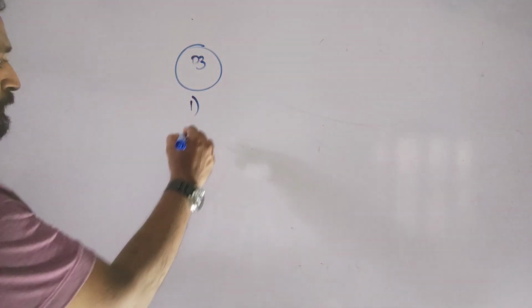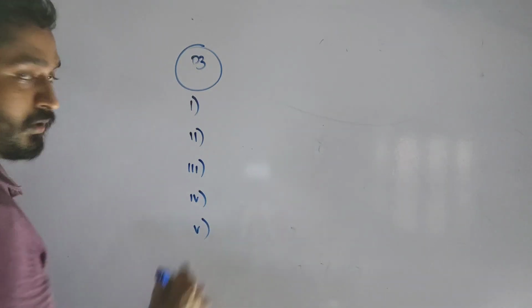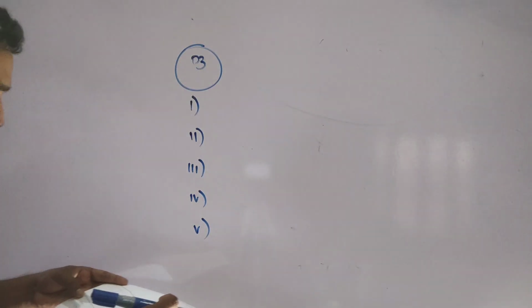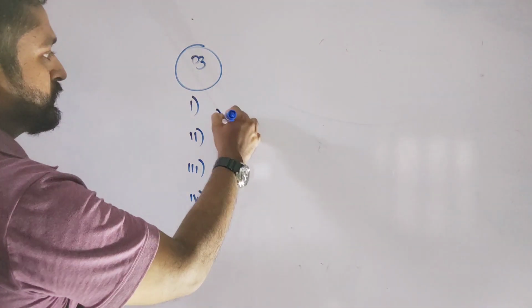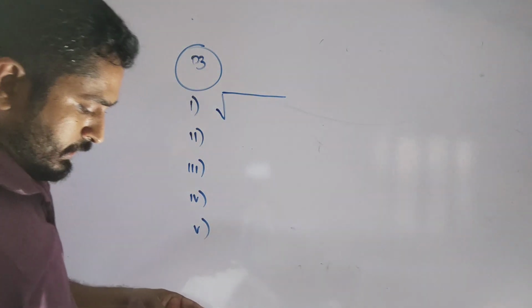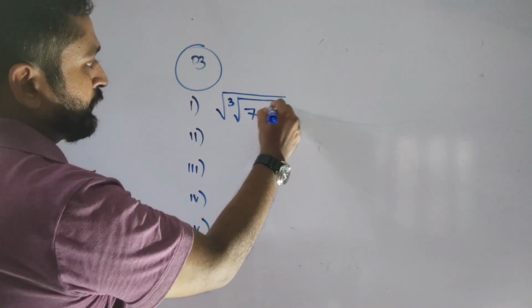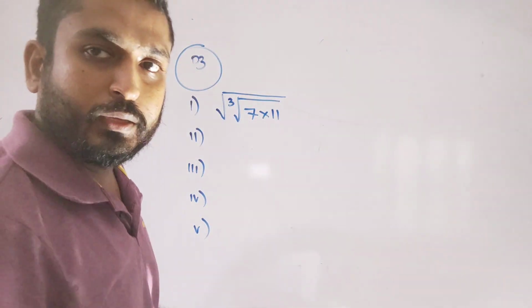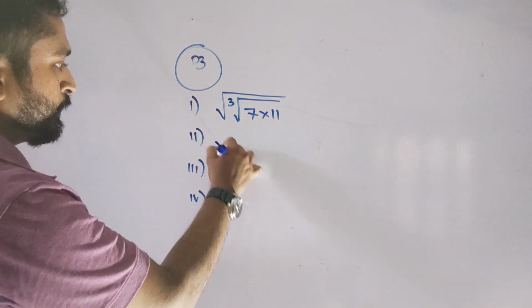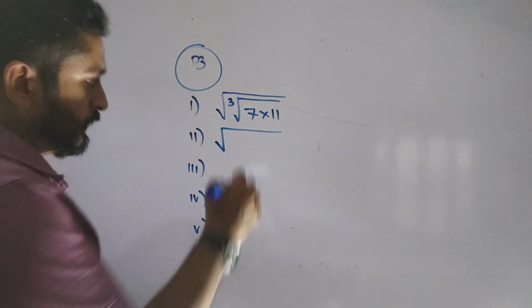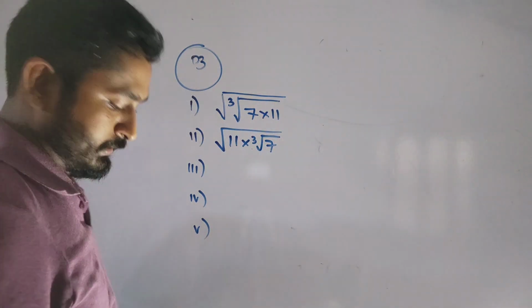So you have 5 numbers: 1, 2, 3, 4, 5. All right. The first one is square root of cubic root of 7 into 11. The second one is square root of 11 into cubic root of 7.